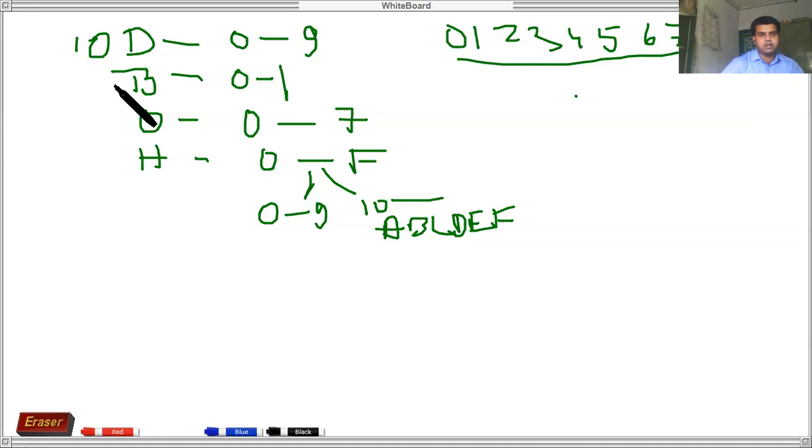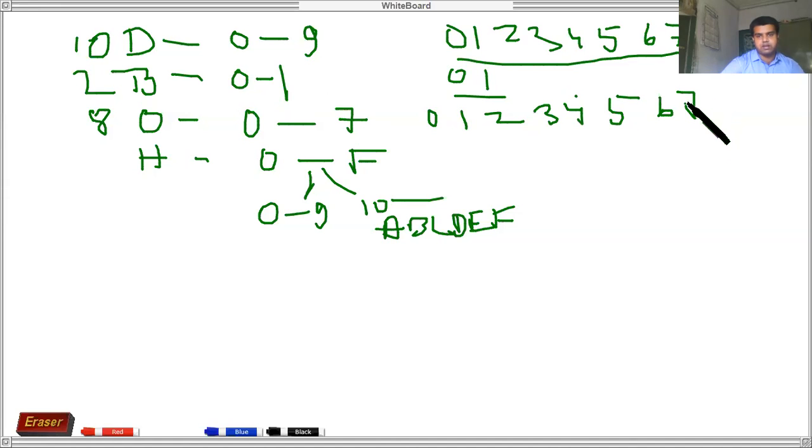Then binary number, base number is 2. So 0 and 1. Total number is 2. Octal number, base number is 8. So if you write 0, 1, 2, 3, 4, 5, 6, and 7, total number of digits is 8. That is why base number 8 in the octal.